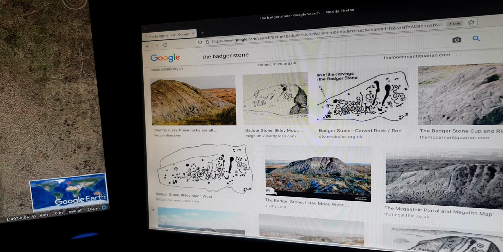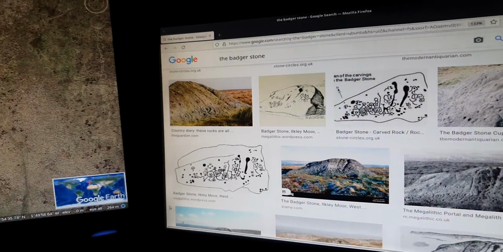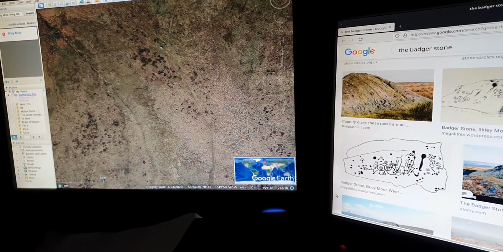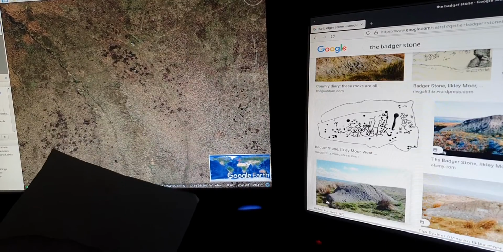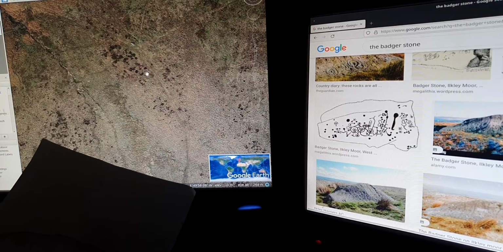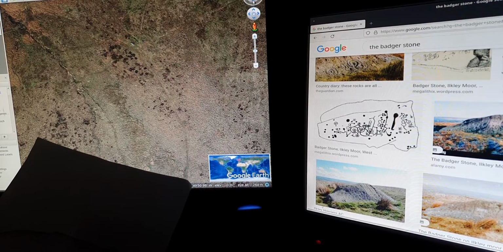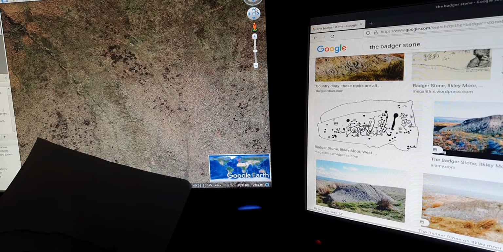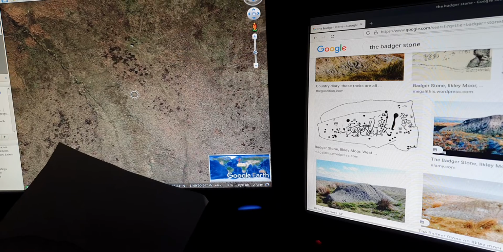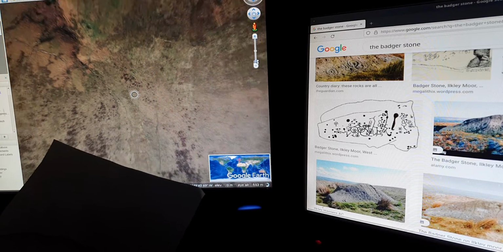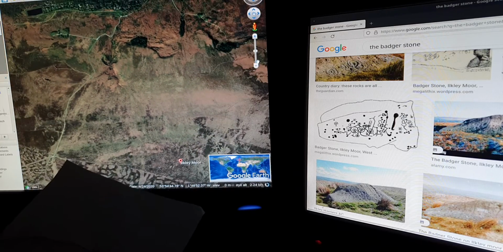So let's go back to our main screen here. Zoom out a little. Making sure that we're at north and we're level to the ground. No slanted views.